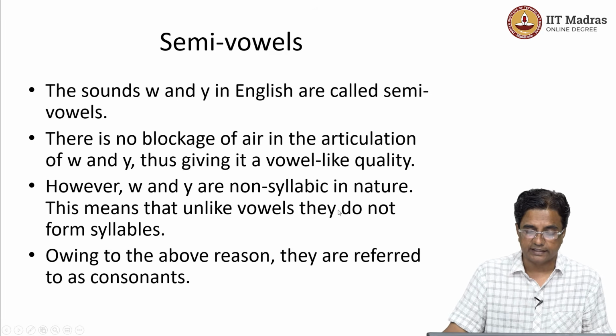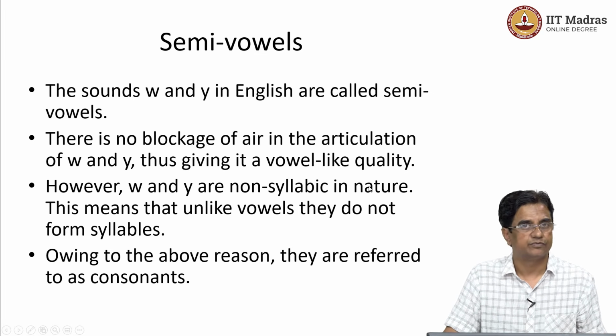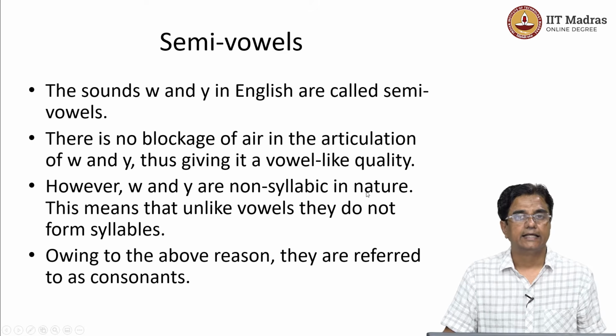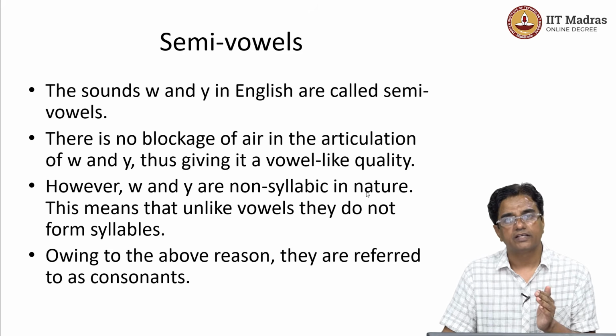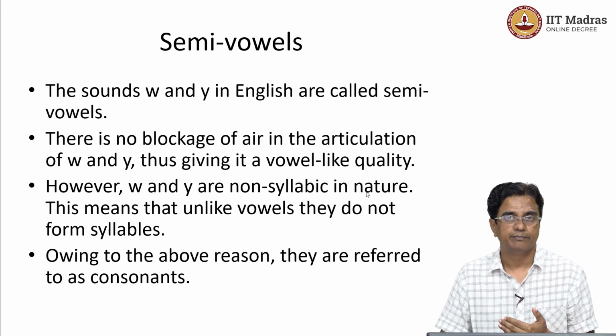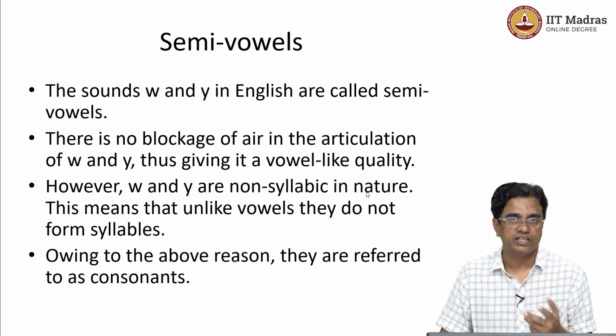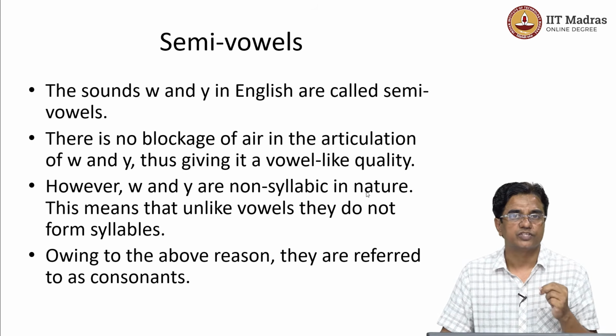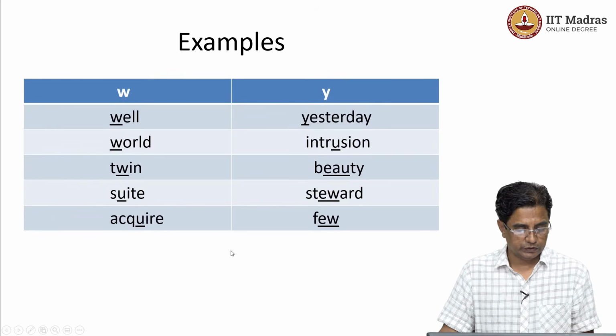However, wa and ya are non-syllabic. We discussed they can be part of a word, but for that word to be a syllable, we need another vowel sound in it. Mere presence of either one of the two will not constitute a syllable.